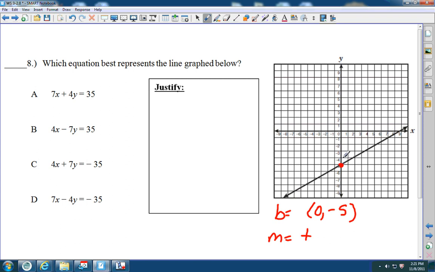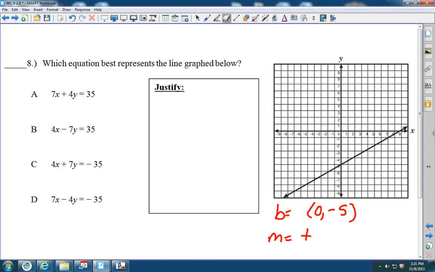Well, up 1 over 1, nope. Up 1 over 2, not quite. It looks like it's up 2, and over, nope. Let's see. I'm trying to go up this line right here. Maybe up 3 and over, nope, not quite.